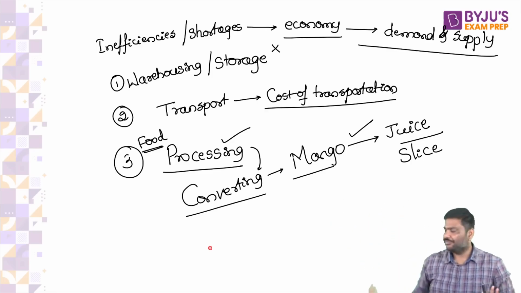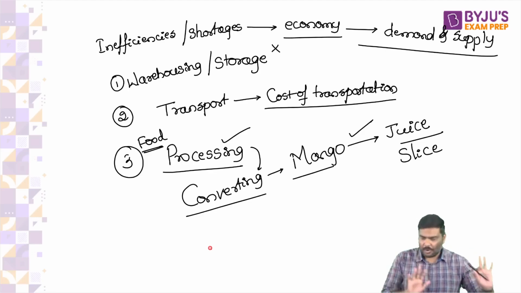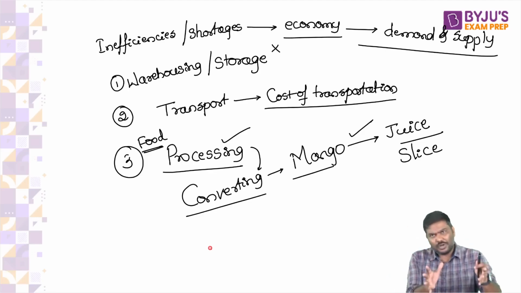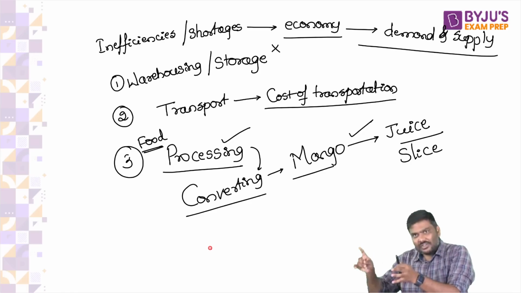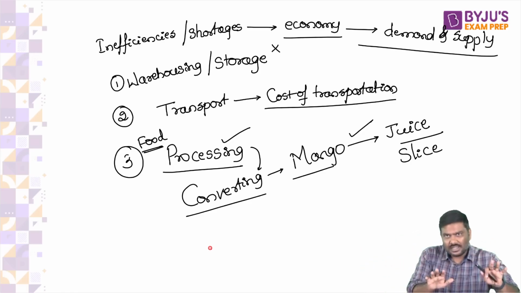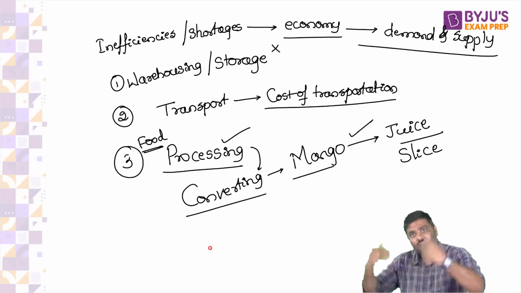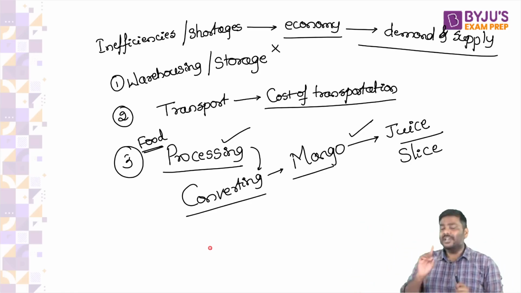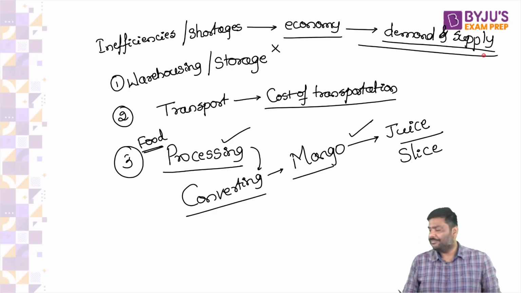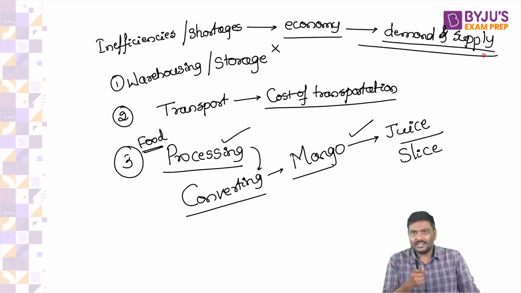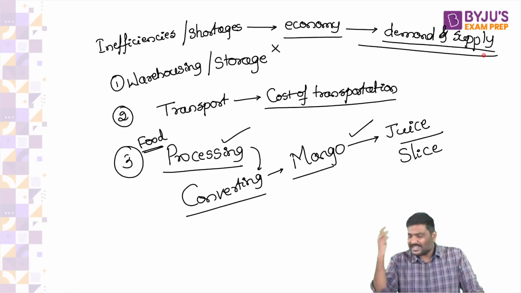Correct or wrong? Any problem here? Whatever we have produced, we are not able to store it. As a result, some of the food grains and horticulture products will be lost. Now, will it cause a mismatch between demand and supply? Let me know.